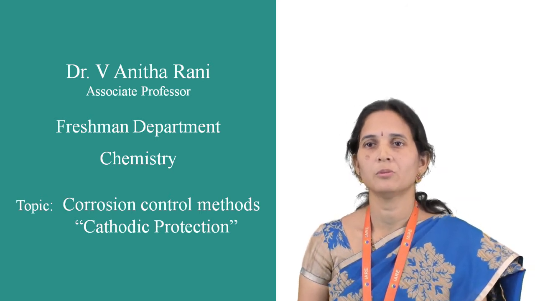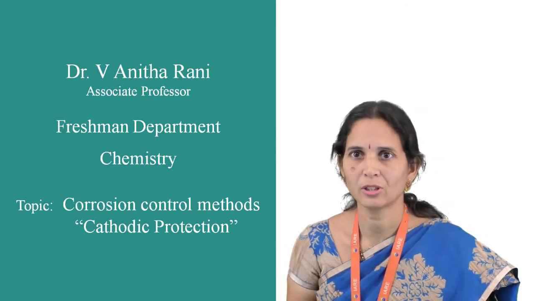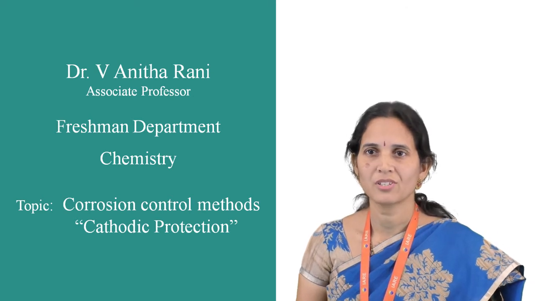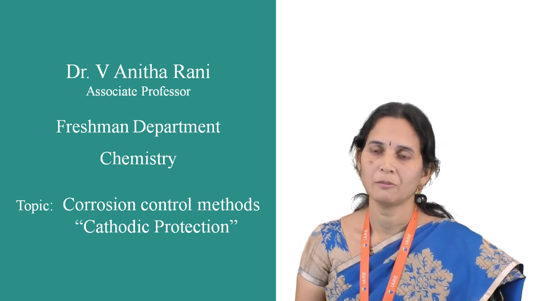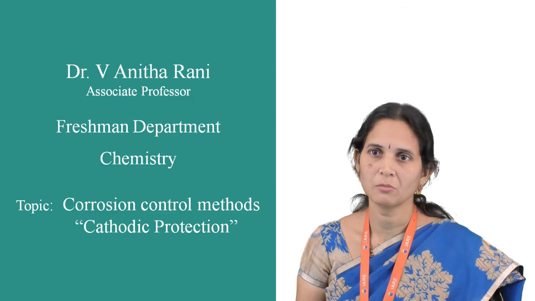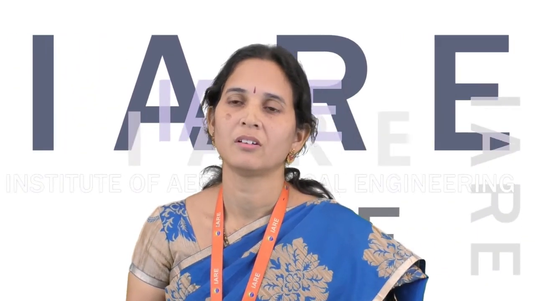Today we are going to discuss cathodic protection, the sacrificial anodic protection method and the impressed current cathodic protection method. In the previous class we discussed the galvanizing process, the tinning process, and metallic coatings.